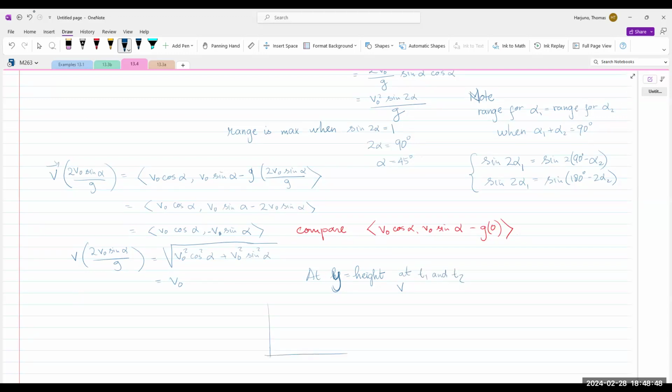So basically I'm saying that it reached this height at t1 and the same height again at t2. The speed at t1 is equal to the speed at t2.